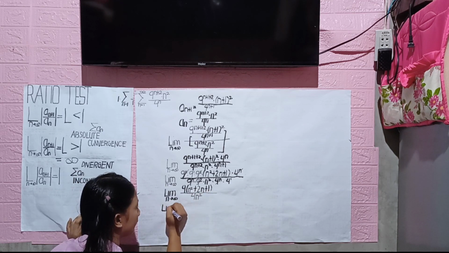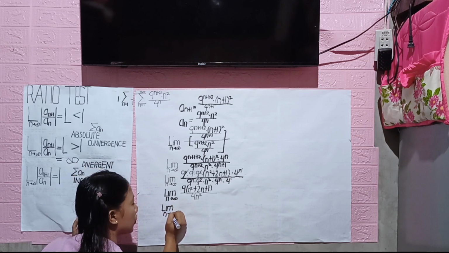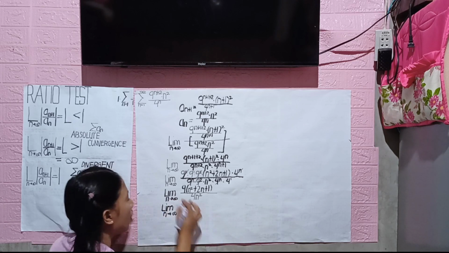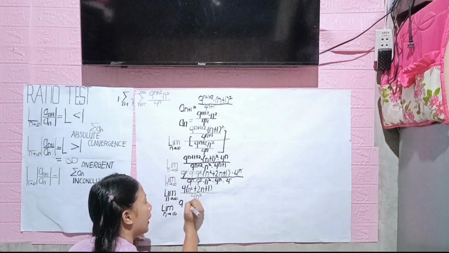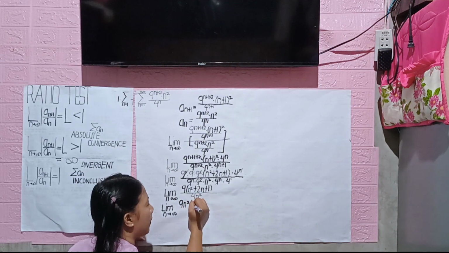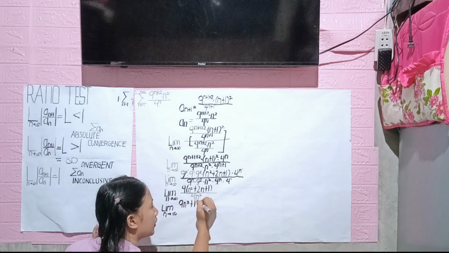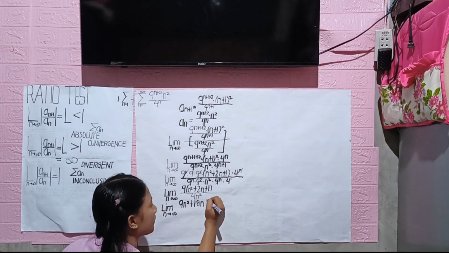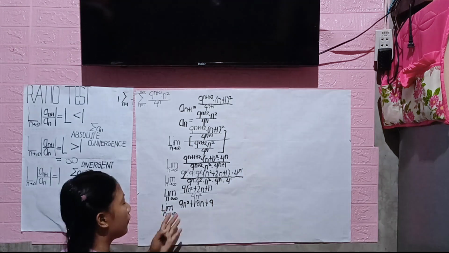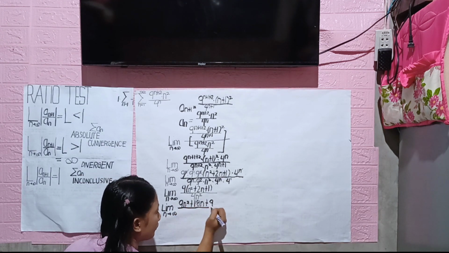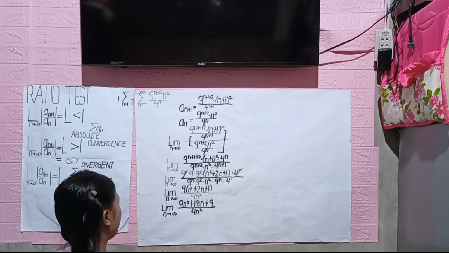Limit of n goes to infinity. So, we are going to distribute 9 times n squared will become 9n squared plus 9 times 2n will become 18n plus, so 9 times 1 will be 9 divided by 4n squared.